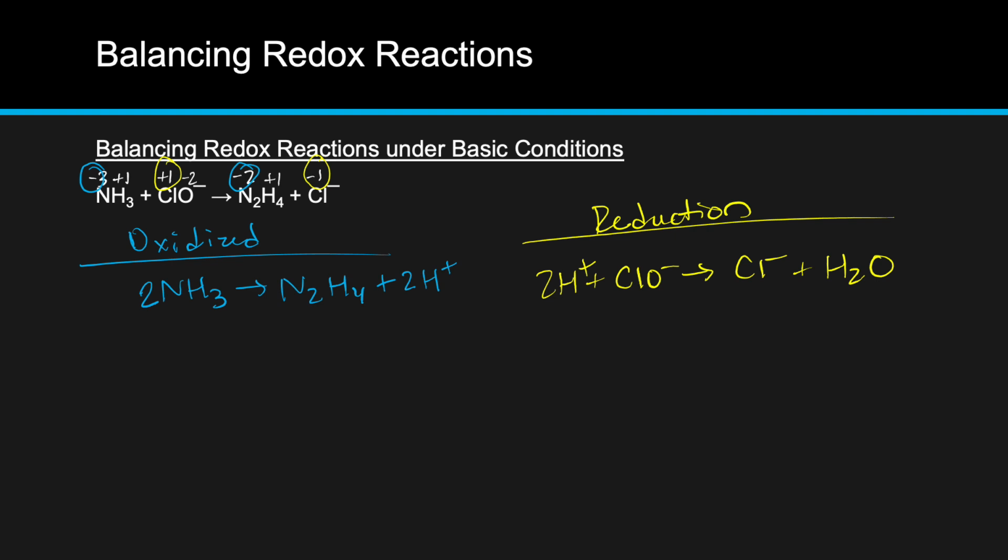So now I need to make sure my charges are balanced. So in the oxidization half reaction, I have a total of 0 charge on the reactant side, and then I have a 2+ charge on the product side. So I need 2 electrons to balance that out so that I have 0 on both sides.